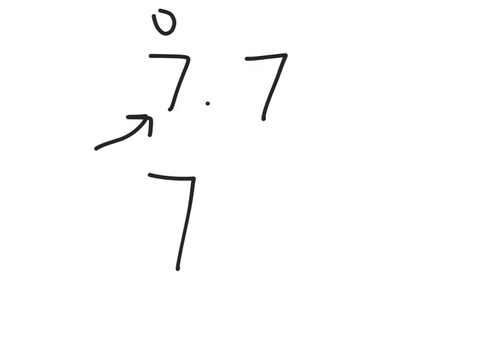Here's another similar example. If I had something like 7.7, the only thing that's different about this is I do have a whole number. I have a 7. So any number that's in the 1 spot, you write just as itself, 7. This 7 is in the tenth spot. We don't have anything in the hundredth spot, so we don't have to worry about that. So we already took care of this 7 here, so now I need to worry about this 7.